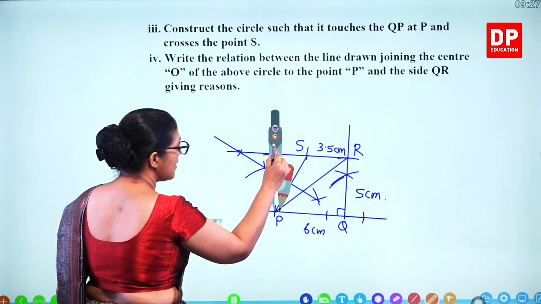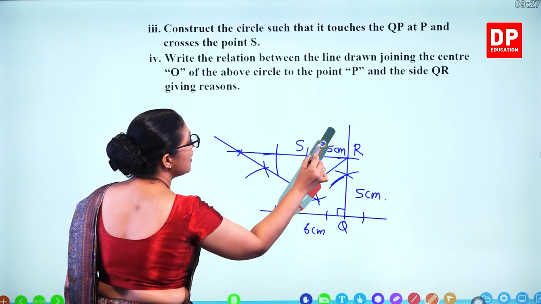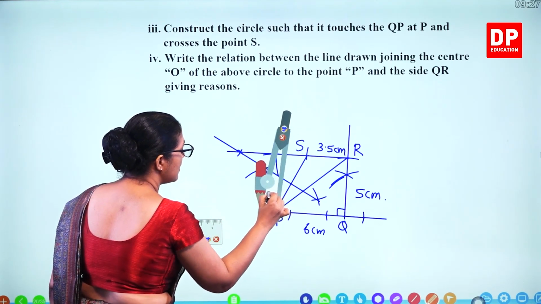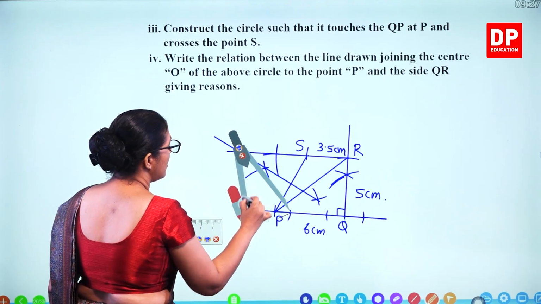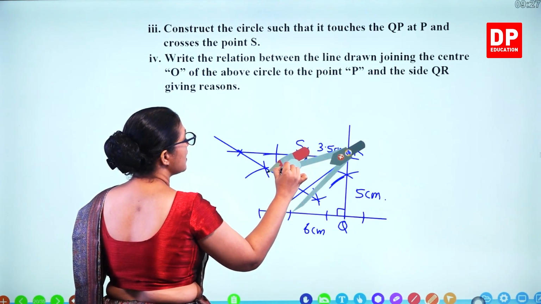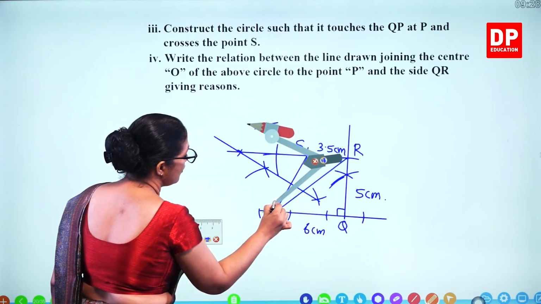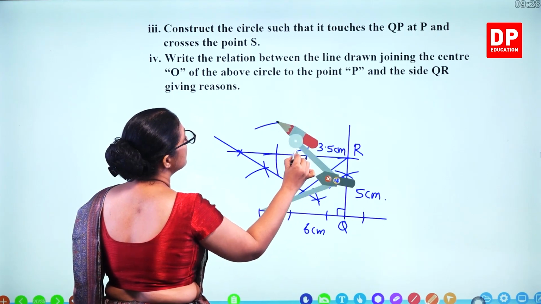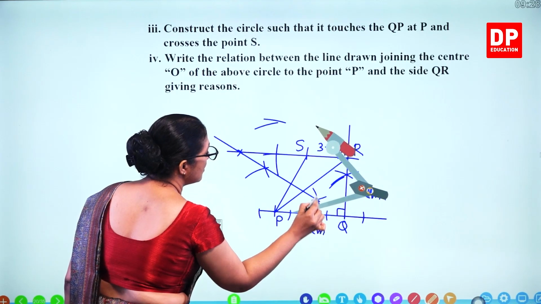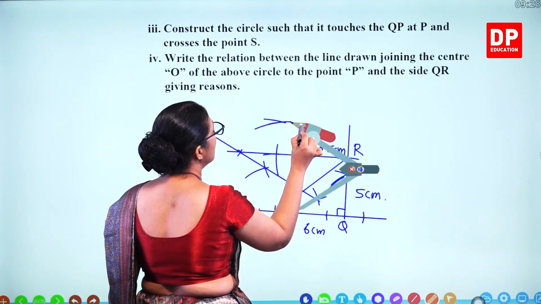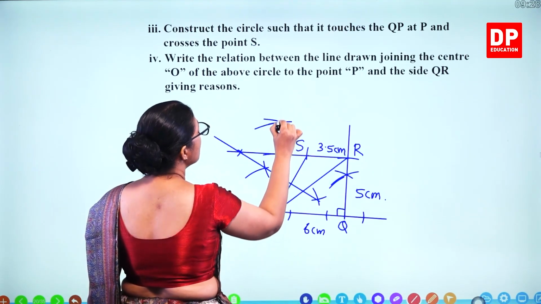You take a small distance here, draw an arc here, an arc on this side, and now you can draw the perpendicular at P. So I'll take a longer distance, somewhere here, and draw the other arc somewhere here. Now you can draw the line, this one.